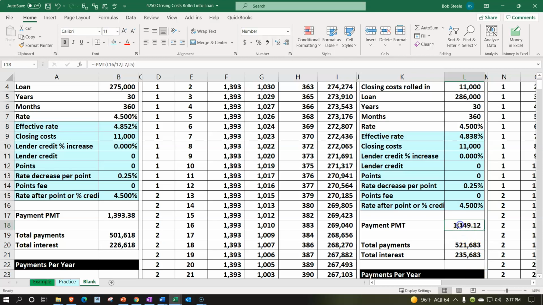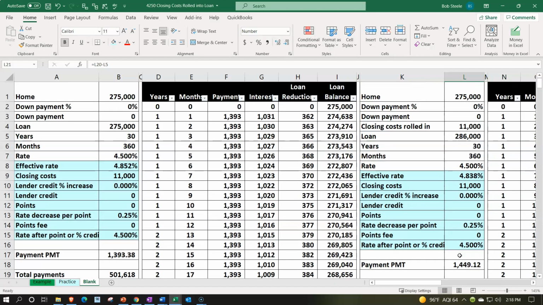So when you compare the payments, your payments then would be higher, and your total payments would be higher, and your interest would be higher over the life of the loan. You have the similar kind of structure here. Then you got the benefit of basically cash flow up front in that case, meaning you got the 11,000 in essence to pay off the closing costs up front.